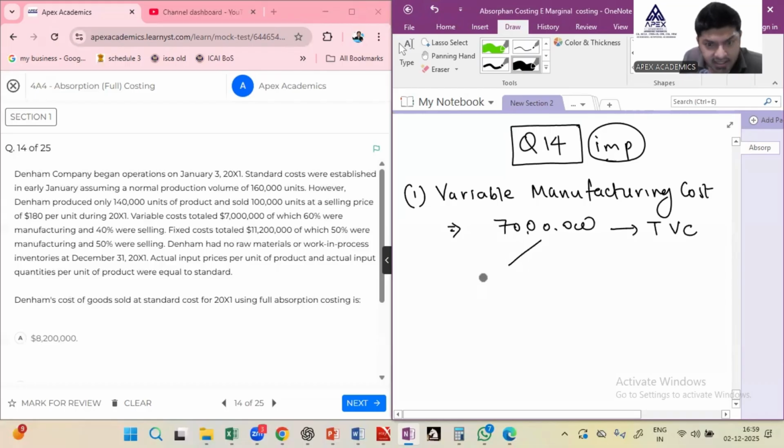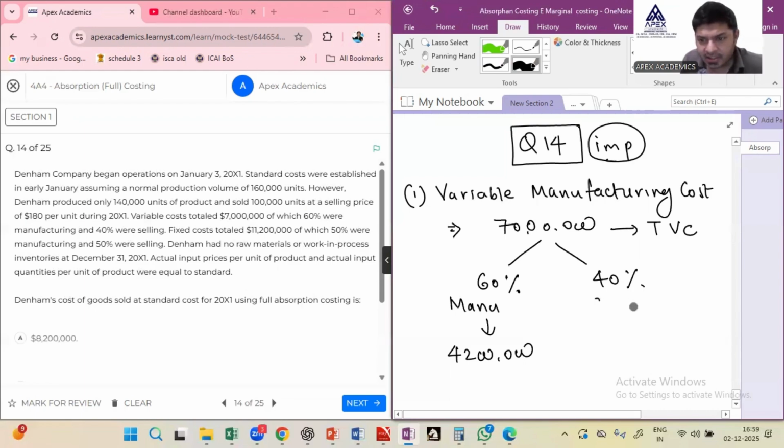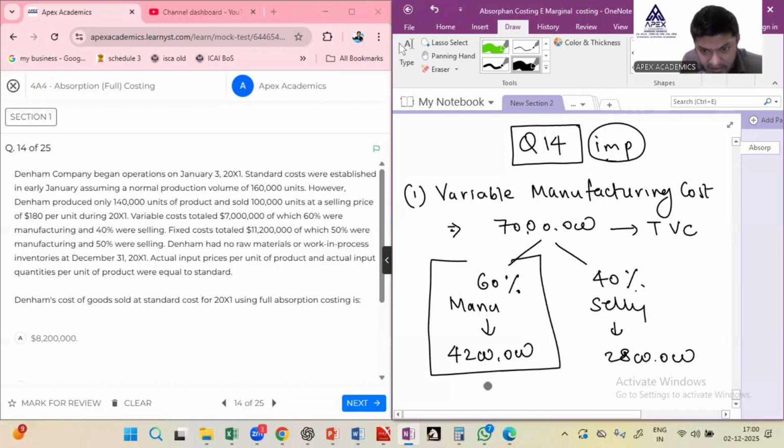Out of this, 60% is manufacturing, so 42 lakhs. What about 40%? 40% is selling, so that is 28 lakhs. So this, which is manufacturing, obviously is going to go to my cost of goods sold.